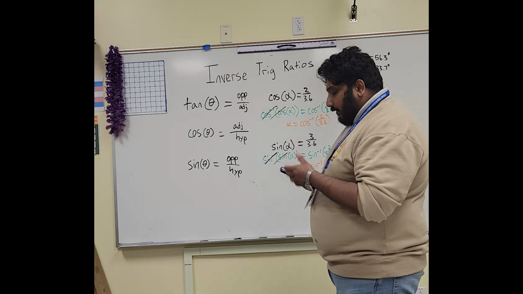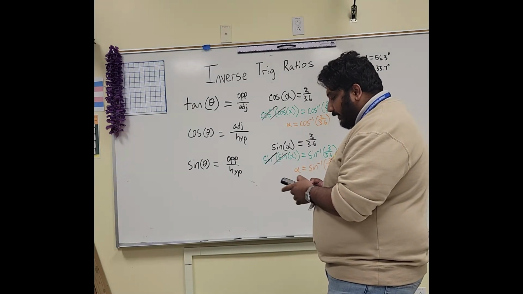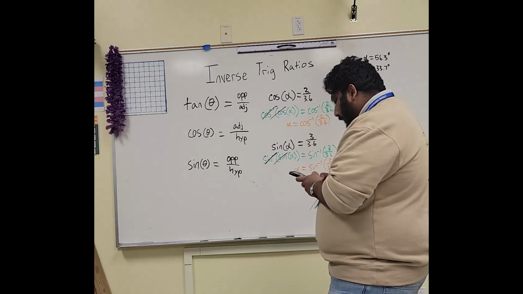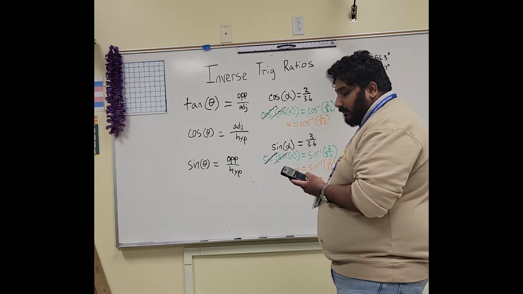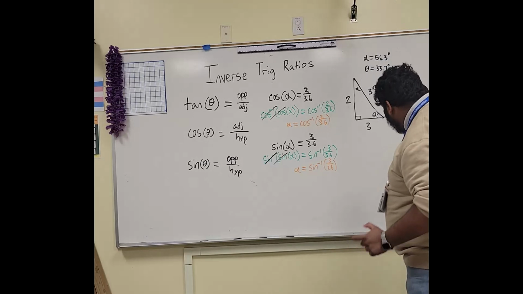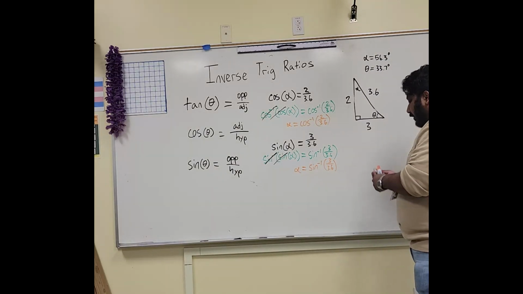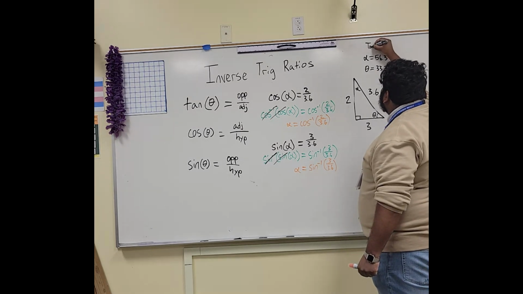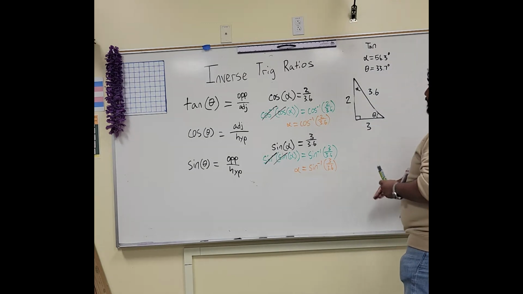We're going to plug it into our calculator. Remember, second, and then inverse sine of 3 divided by 3.6. And in this case, we get 5.44. Actually, let me write down the numbers we've been getting. So this is our tangent numbers. And then I'll put our sine and cosine numbers over here.